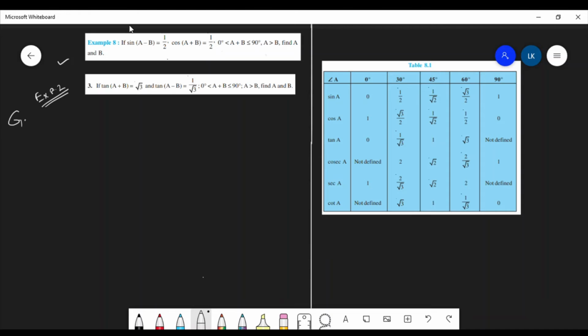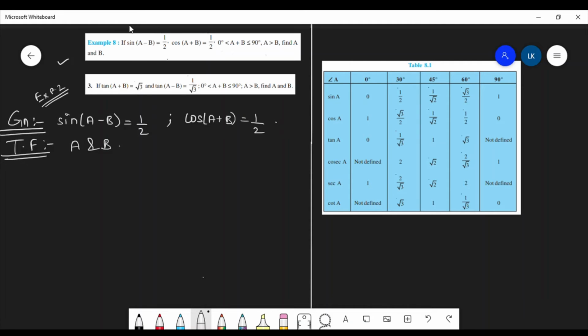What is given in the question? Given sin(A minus B) is equal to 1 by 2 and cos(A plus B) is equal to 1 by 2. We have to find angles A and B. From sin(A minus B) equal to 1 by 2, A minus B is equal to sin inverse of 1 by 2.